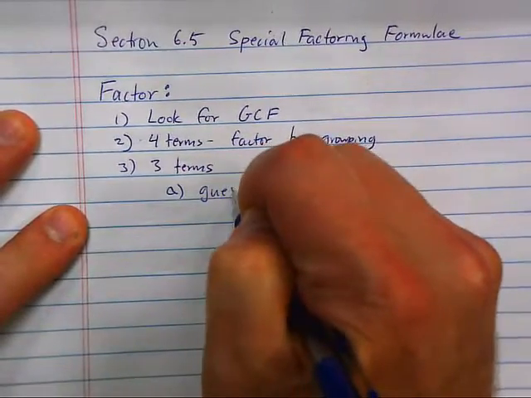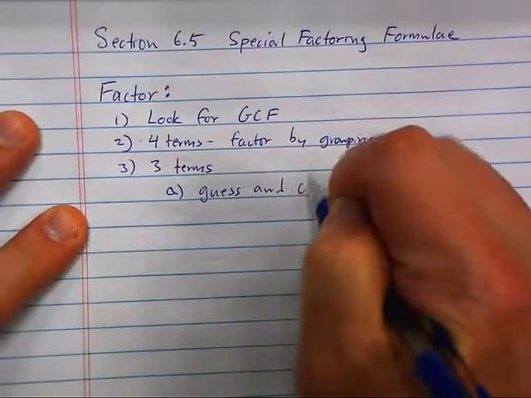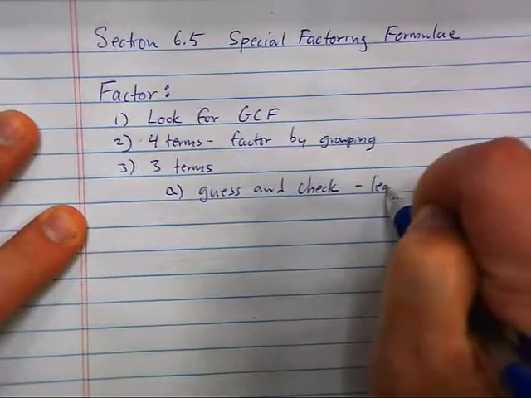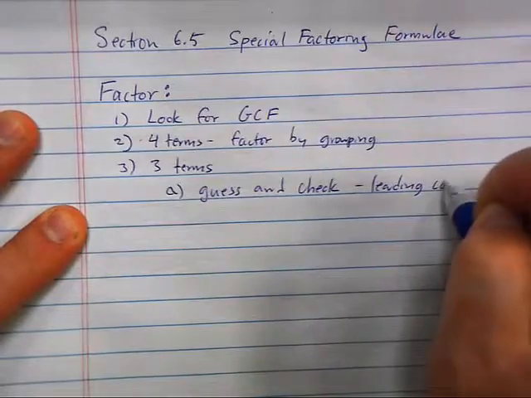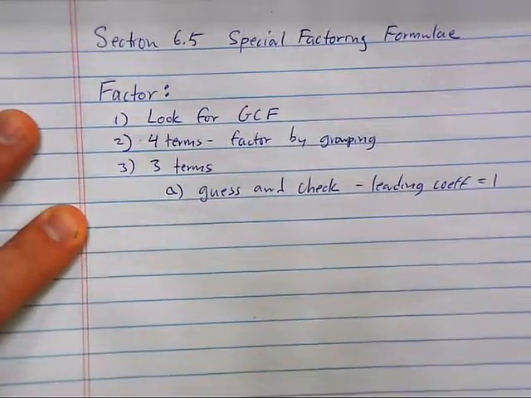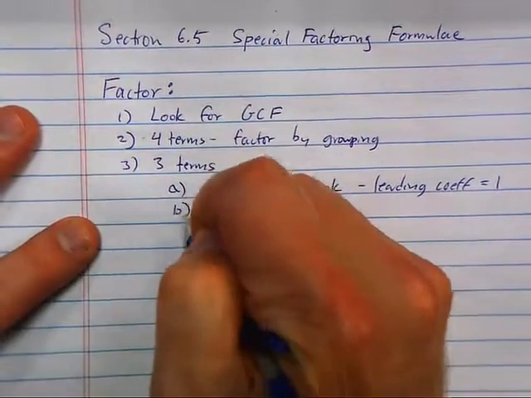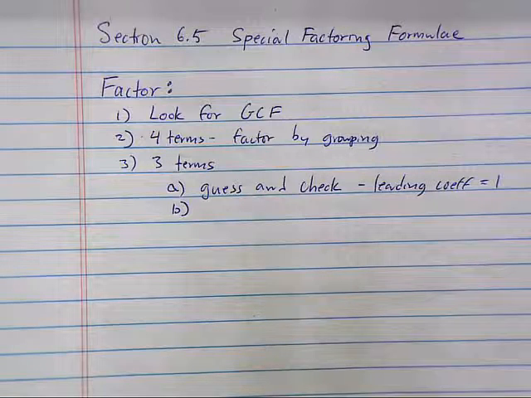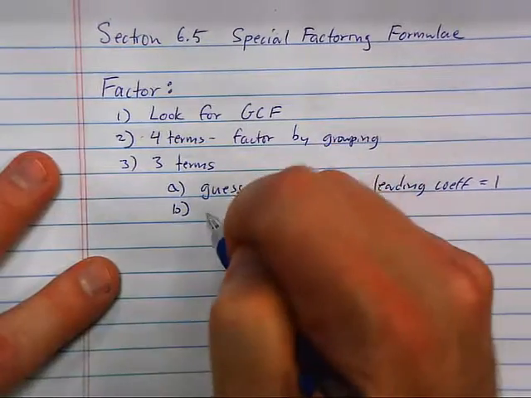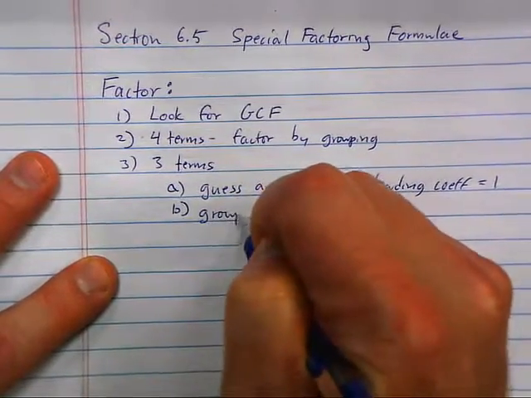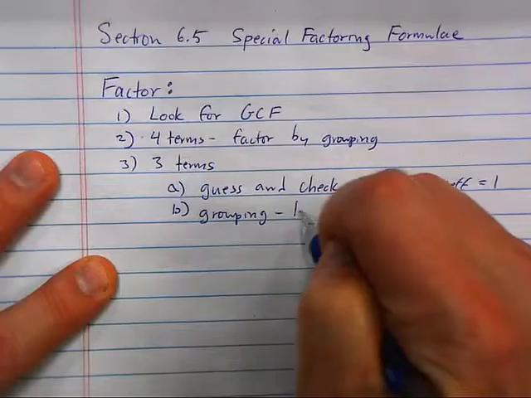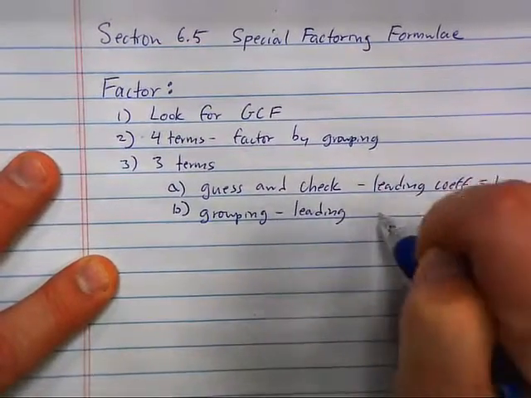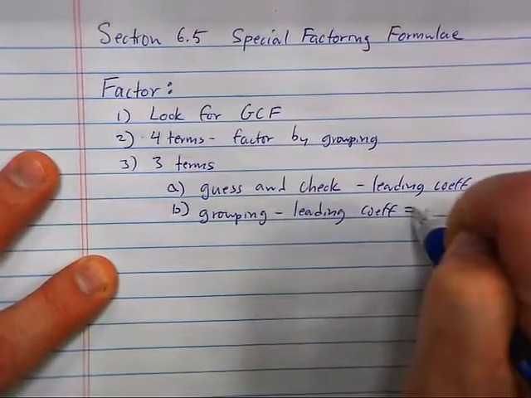Guess and check, and generally you use that when the leading coefficient is 1. And your other option is, what if the leading coefficient is not 1? You do what we just did, which is you multiply the ends, you try to find a number that works. That was called grouping. And you generally do that when the leading coefficient is not equal to 1.